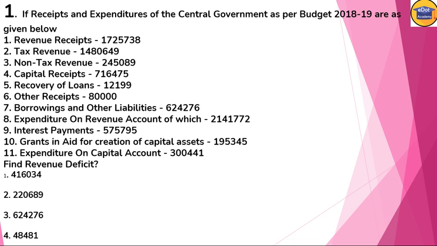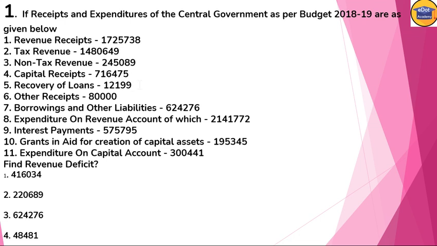If receipt and expenditure of central government as per budget 2018-19 are as follows. Revenue receipt is given, and out of that tax revenue is there, non-tax revenue is there, capital receipt is also given.